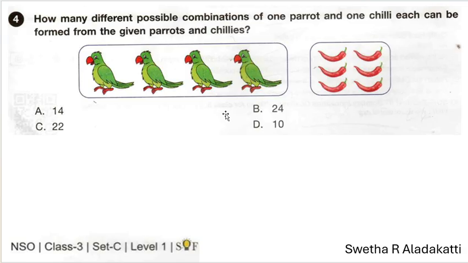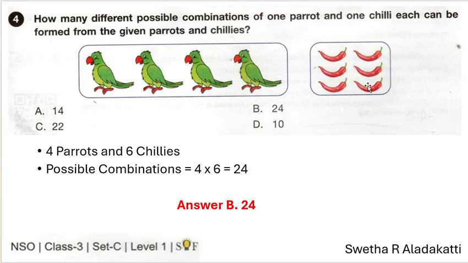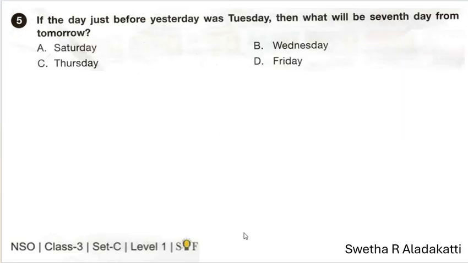Let's see. 4 parrots, 6 chillis. Possible combinations will be 6 plus 6 plus 6 plus 6 for each parrot, or 6 fours, which is 24. Answer is option B, 24. 5. If the day before yesterday was Tuesday, then what will be the 7th day from tomorrow?